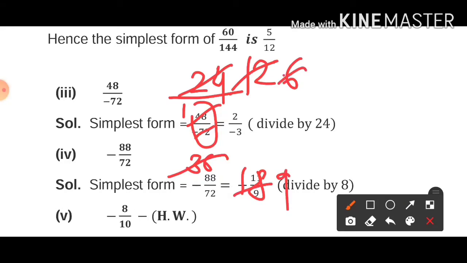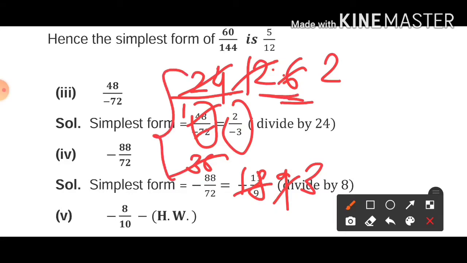Now you can see 6 and 9 are not both divisible by 2. So we have to take the next number so that 6 and 9 are both divisible. 6 and 9 are divisible by 3. 3 twos are 6 and 3 threes are 9. So the answer is 2 by minus 3. Here you have to divide both numbers by the same number only.